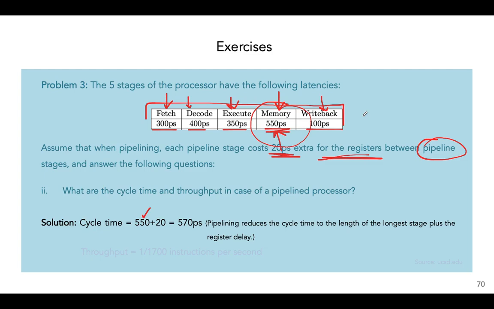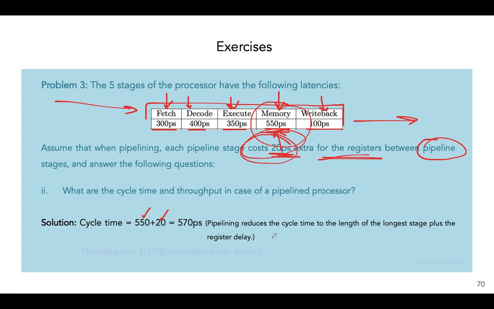Why would you need a register if you are already waiting for each instruction to pass through each of these stages individually? You give the input and then you get the output. There's no register involved. Registers are only needed when you temporarily need to store the data, and that happens when multiple instructions are being executed at the same time. To store the multiple data, you need the register, and when you need the register, you have to count its delay as well, which is what we have done, right?